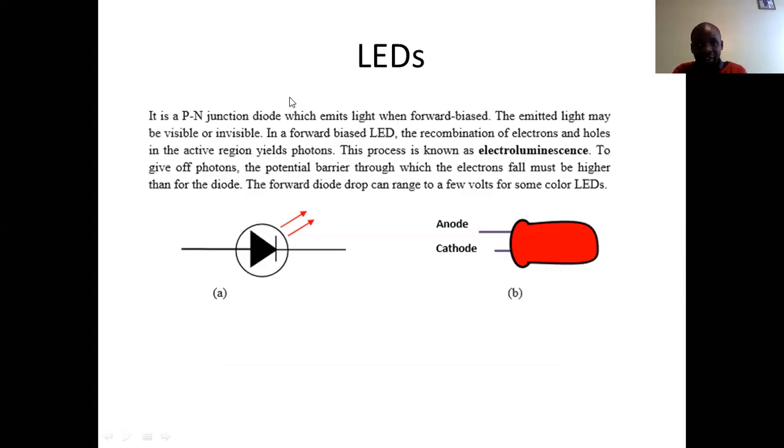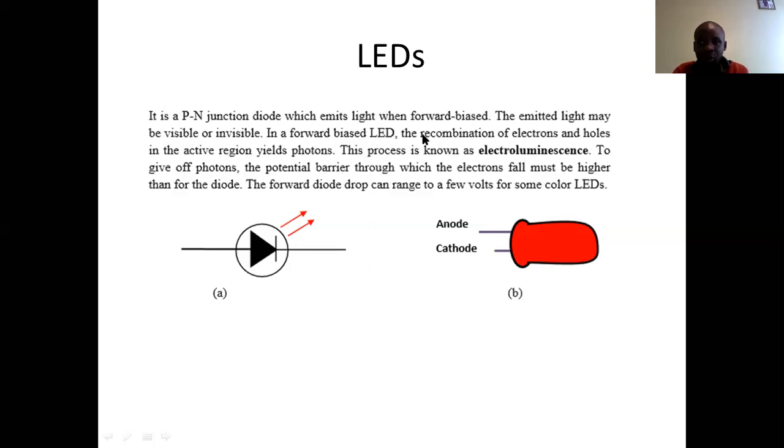A light emitting diode is a PN junction diode which emits light when in forward bias mode. The emitted light may be visible or invisible. Invisible light could be the UV, the ultraviolet light, which can be emitted. So they can emit visible or invisible light.